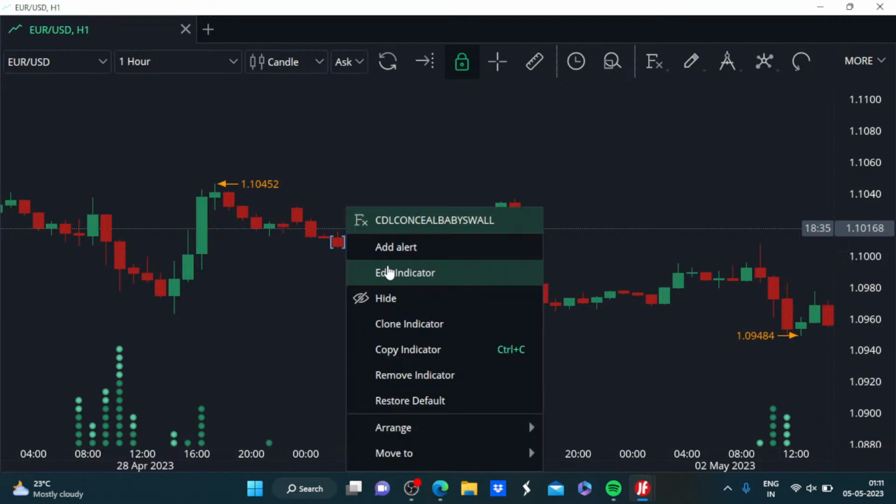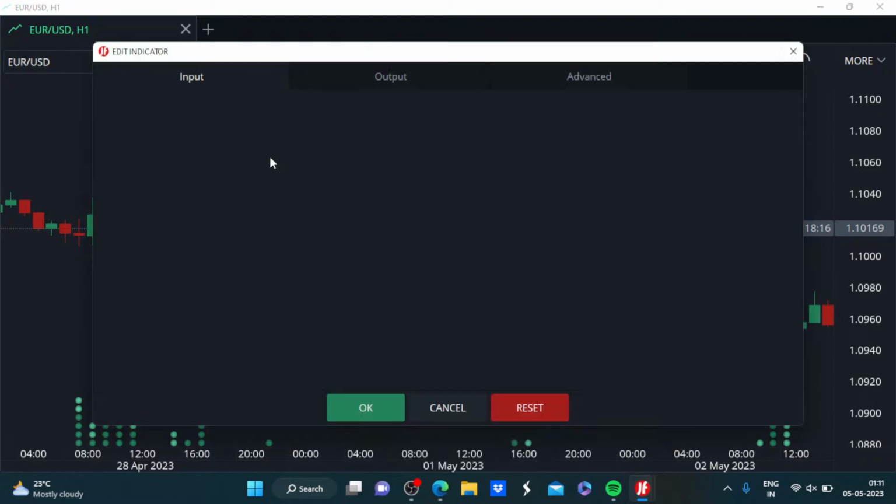options of further customization using this edit indicator option. Input: there is nothing we can vary in terms of the input, so I am not changing anything on this count. Output: we can go for different types of color combination and styling.